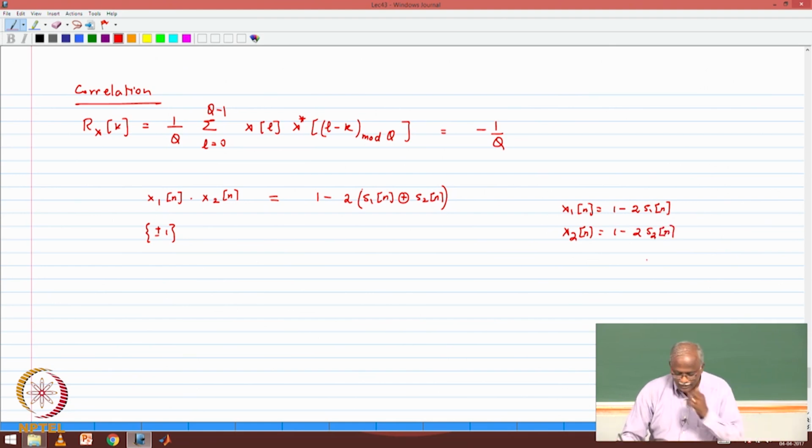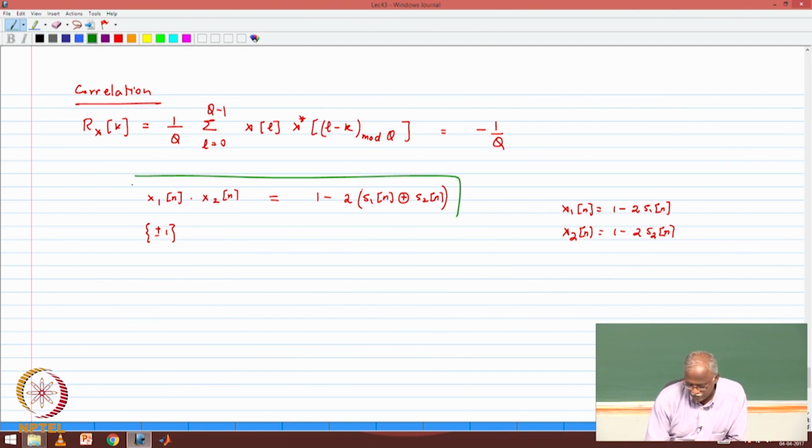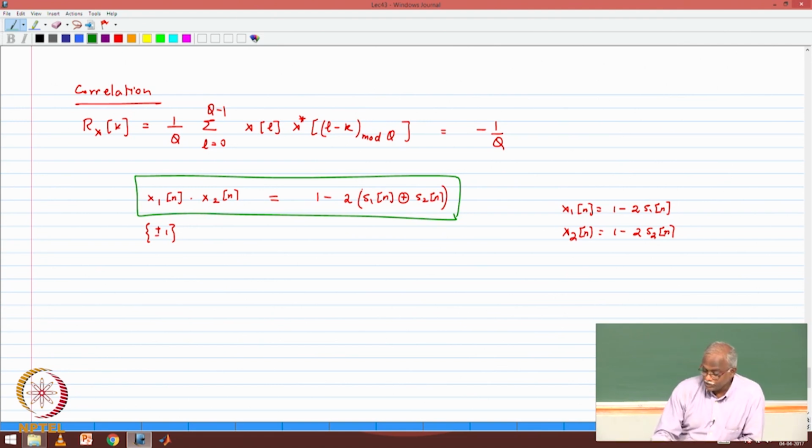So, basically s1 and s2 are the binary counterparts, and you map it to +1 -1 using this. You can exhaustively verify this, because there are only 4 combinations possible. You can verify that this is true.